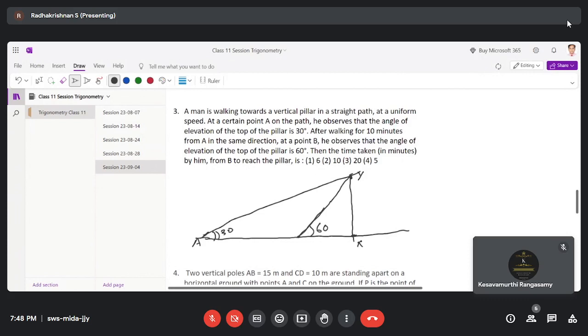So this is 10 minutes distance. Okay. So then the time taken from B to pillar, what is this? Okay, this is 10 minutes distance. This is how many minutes distance?